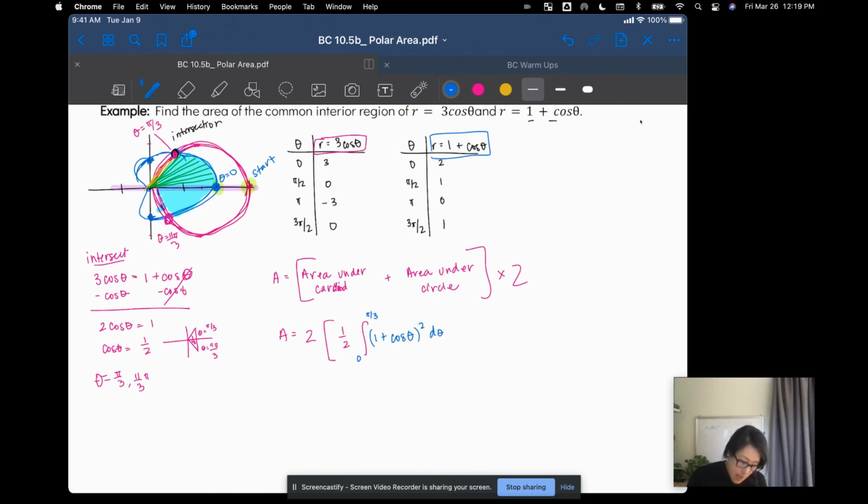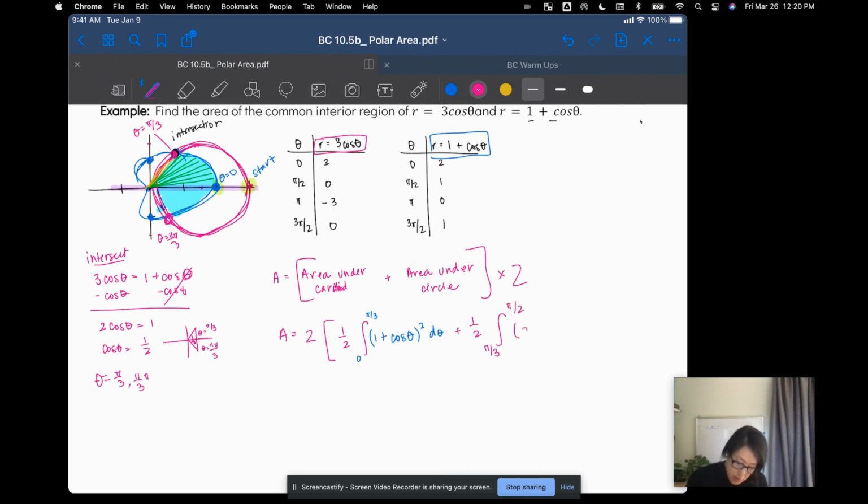And then I need to add the area under the circle. So the area under the circle happens between pi over 3, and then the circle connects back to the pole at pi over 2. So I only need to take the area, so 1/2, from the intersection pi over 3 to pi over 2.